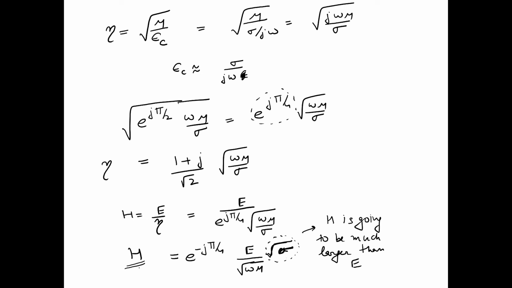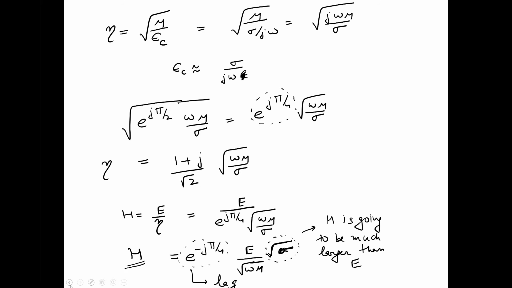And that's not surprising, because inside the conductors I have the current, and the current sources create H. And the other thing you notice here is that H lags behind E by pi by 4.